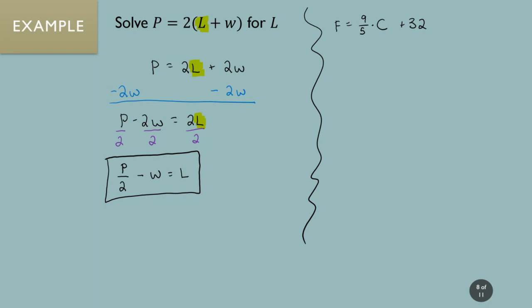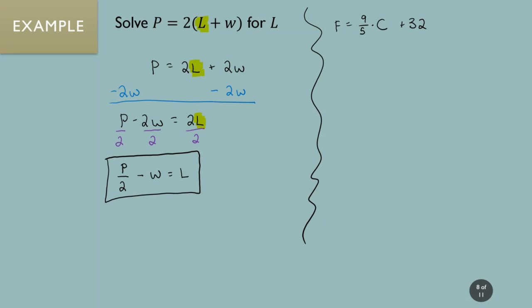So let's say you always have Fahrenheit temperature and you're trying to convert it to Celsius. This would be annoying, to plug in a number for F and then to have to do the math over and over and over again. So it's actually easier if you solve it for Celsius first, and then all you need to do is plug in the number and work the math, rather than having to solve this over and over again.